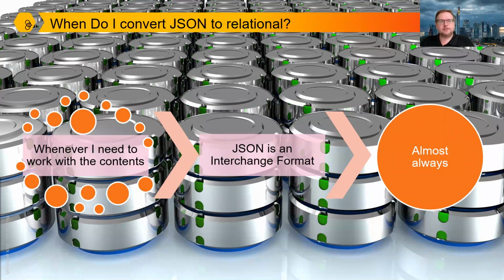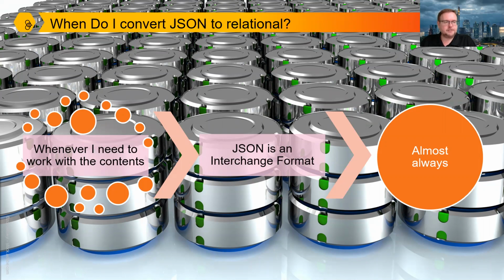The other question is, when do I convert JSON to relational data? We have to think about that. We are working inside a relational database, and the strength of these databases is storing data in tables and relations. So when do I convert those JSON documents to relational data?